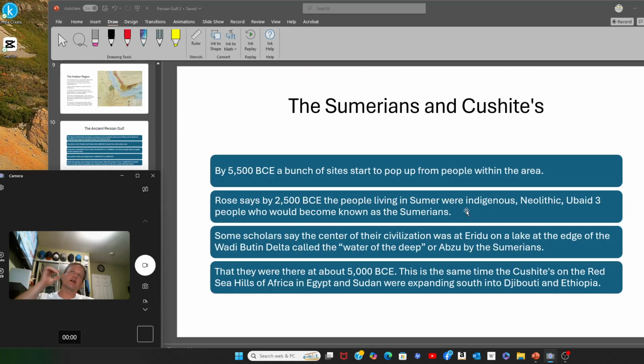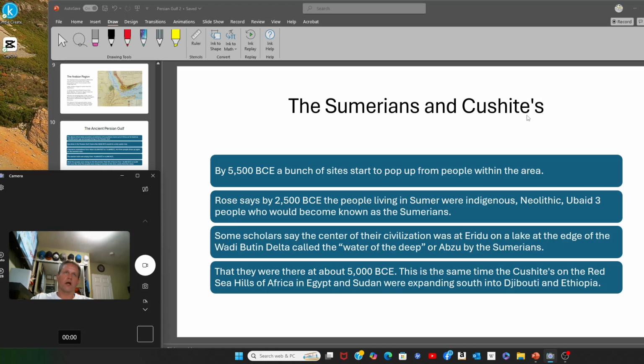Okay, the Sumerians and the Kushites. By 5500 BCE, a bunch of sites start to pop up from people within the area. Rose says by 2500 BCE, the people living in Sumer were indigenous Neolithic Ubaid 3 people who would become known as the Sumerians. Okay, so that's good.